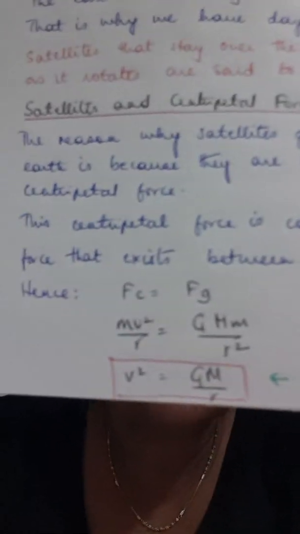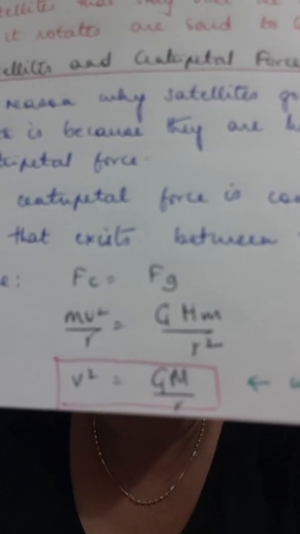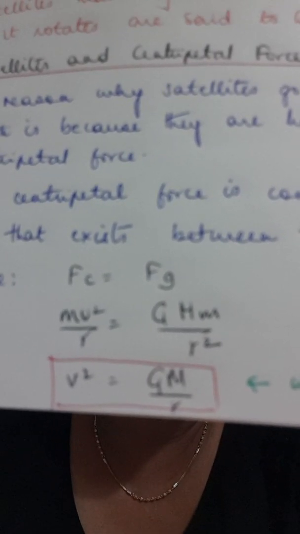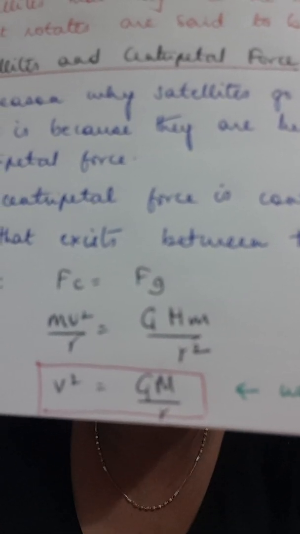And so, if we equate the centripetal force, which is Fc equals mv squared over r, to the gravitational force that exists between the satellite and the planet, we end up with this equation: Fc equals Fg, or mv squared over r equals GMm over r squared.